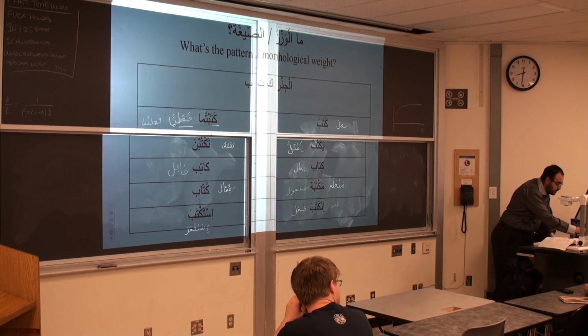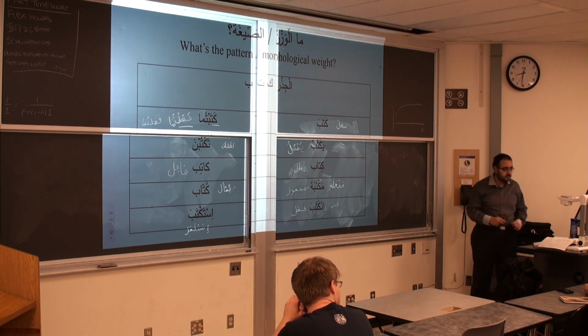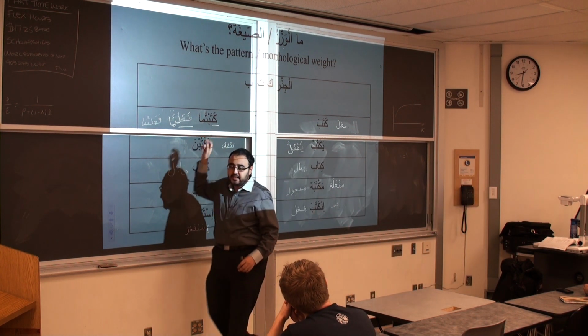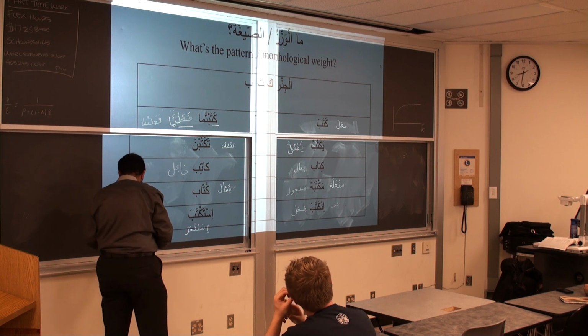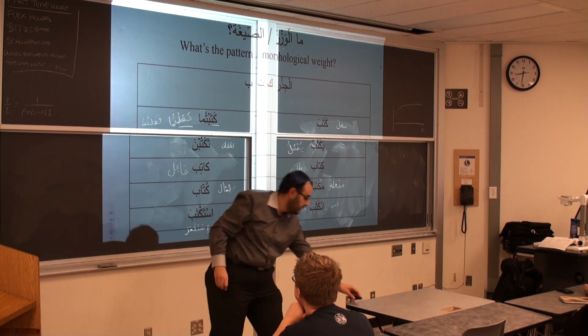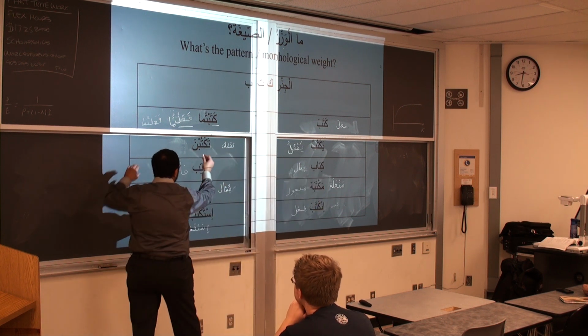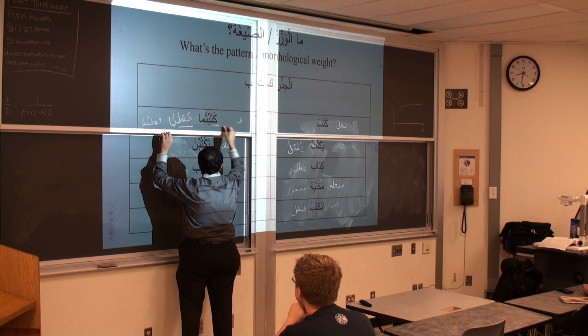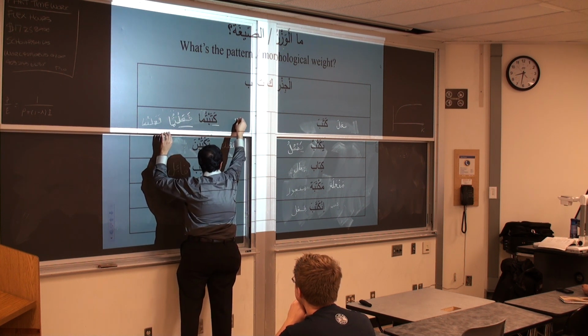Can you explain kitabuna? This one, first one? كتبتما. So how did we do it? Here is كتبتما. The kaf will be replaced by the fa. The ta will be replaced by the ayn.